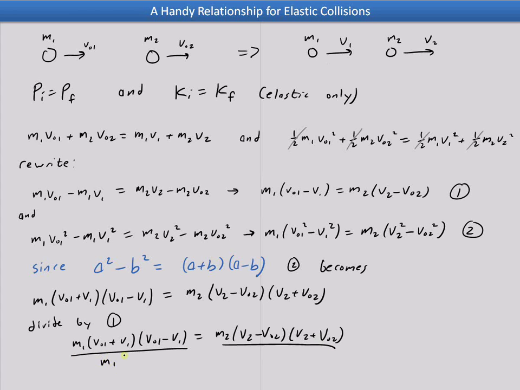So that's m1 times v initial 1 minus v1, and on the right we have m2 times v2 minus v initial 2. All right, and so the subtraction terms cancel out and the mass terms cancel out. And so we're just left with some velocities equaling each other. Let's write that down clean here on the next slide.